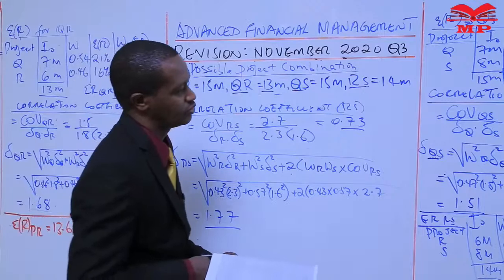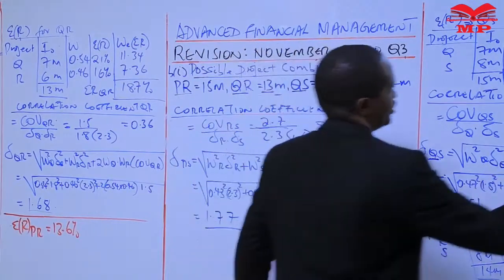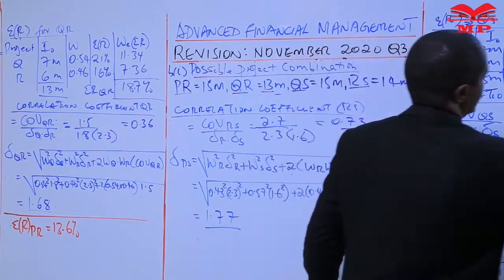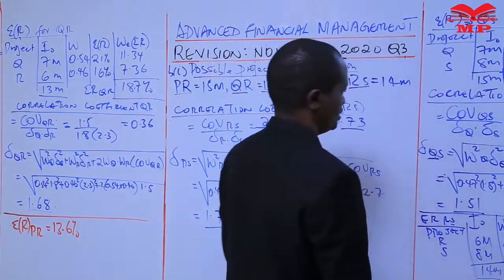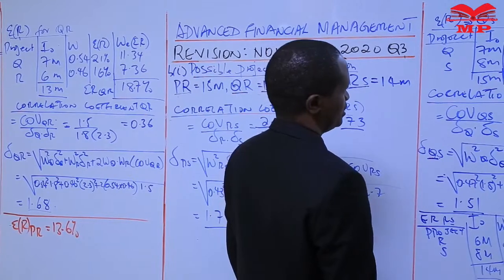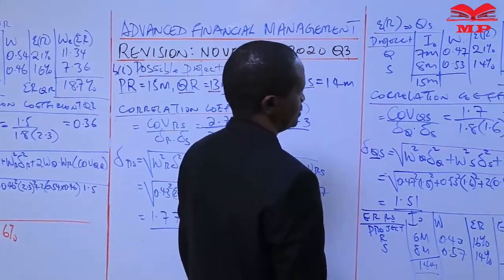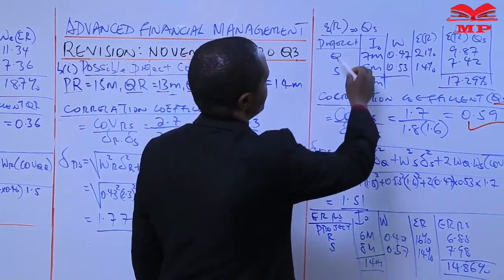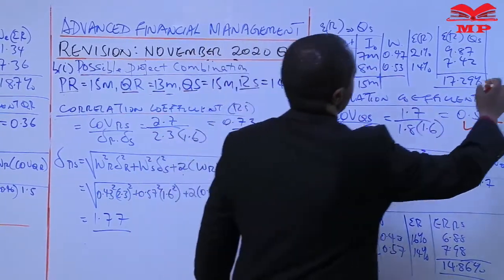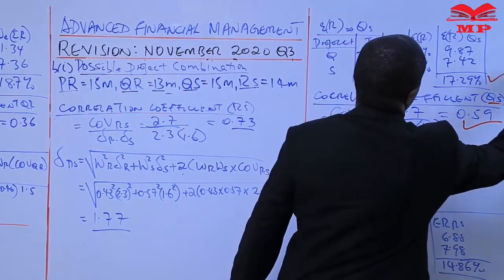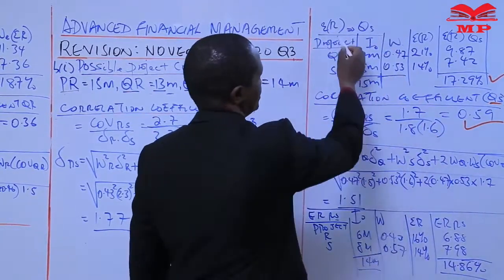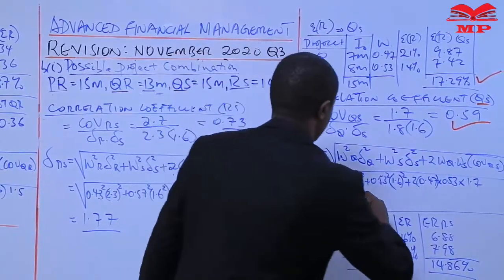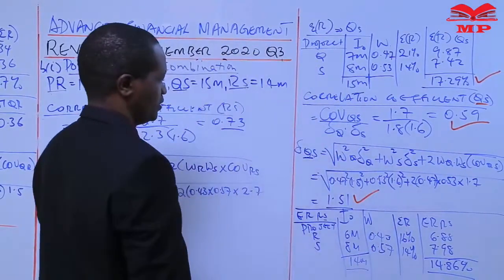For example, for project combination QS, we did the expected return, then the correlation coefficient, and we calculated the standard deviation for the portfolio.